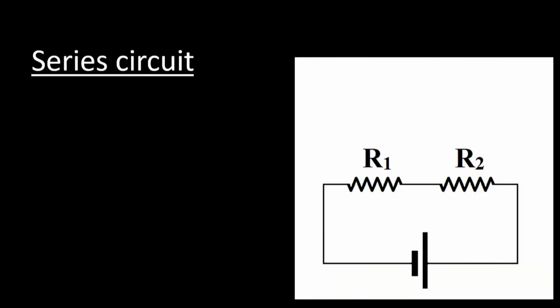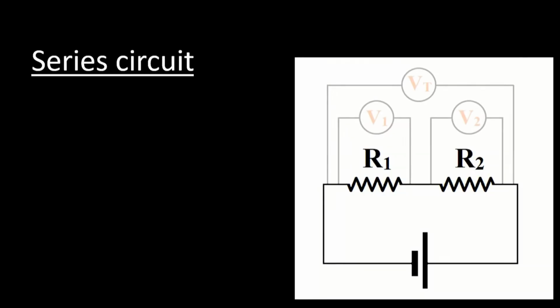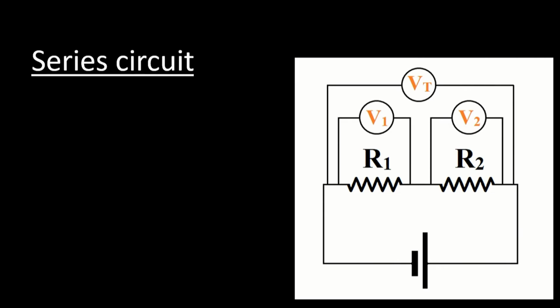In part 2 of the experiment, you will measure the total voltage across the two resistors R1 and R2 by using the built-in voltage current sensor. You will measure the voltage V1 using a voltage sensor, and then you will move the voltage sensor to measure V2.